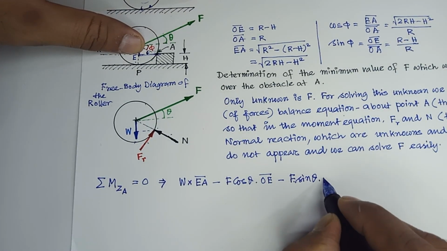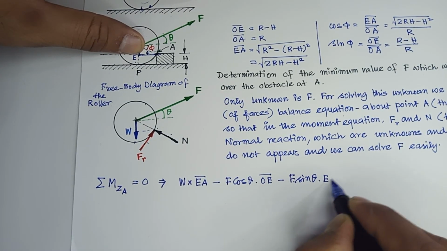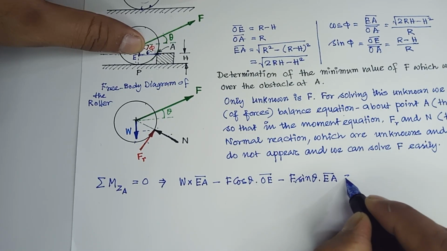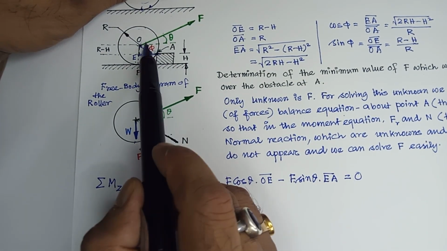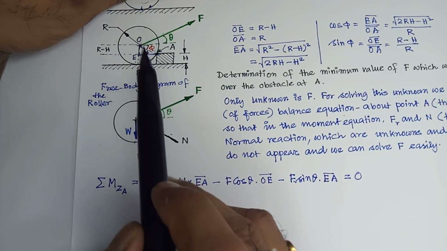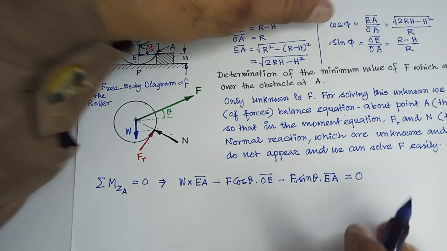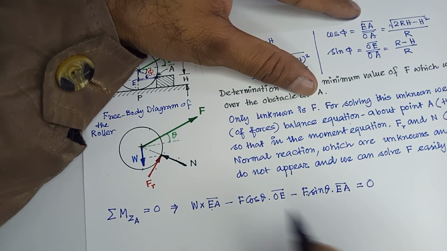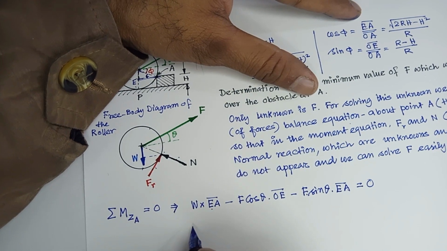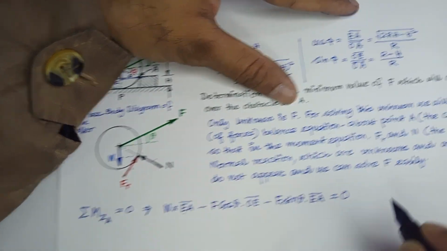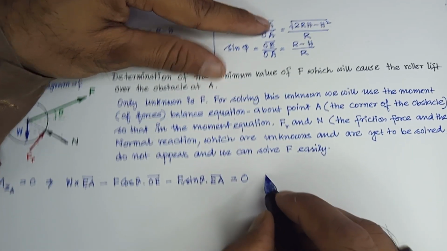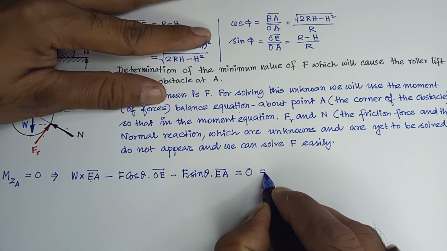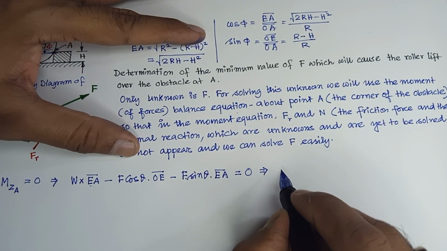EA, is equal to 0. Okay, F has two components, horizontal and vertical, and W is only vertical. So this is the equation, and we know all this. Only F is unknown, so we can solve for F.